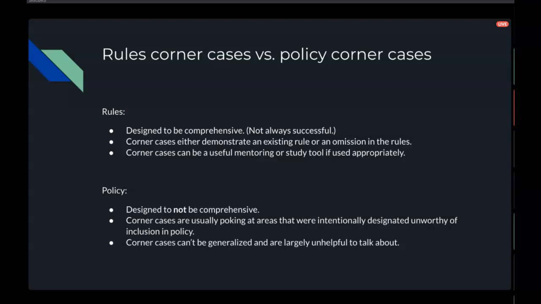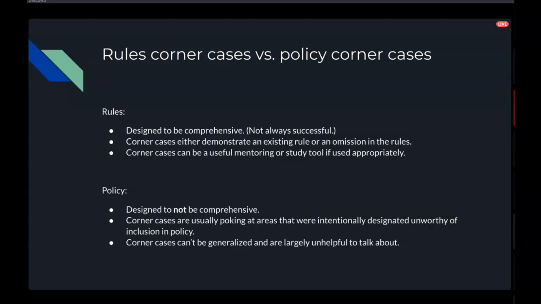Policy, on the other hand, is designed to not be comprehensive. It cannot possibly cover every situation that humans could do at an event, and it's not trying to. So it has a whole different philosophy behind how it is written. Corner cases in policy are usually just talking about some area of policy that was intentionally thought about and decided that it wasn't worth including in tournament policy because it doesn't come up often enough to be worth the additional complexity of trying to teach judges that policy.